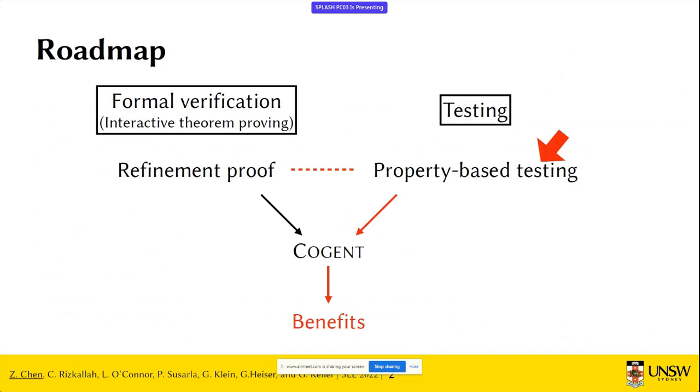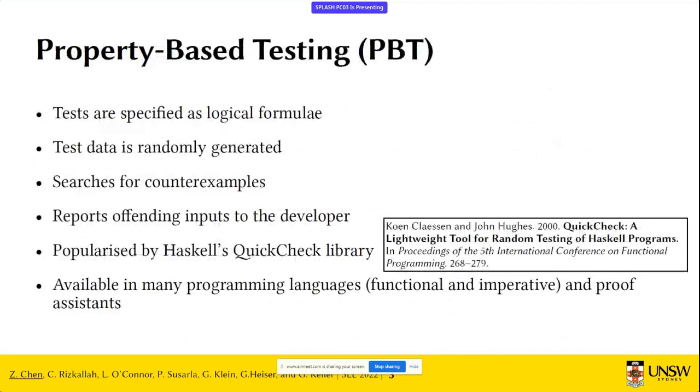What does it mean? Just a very quick introduction if you don't know it. Basically, it's a testing methodology which, instead of specifying input and output pairs, you specify your tests as logical formulas.